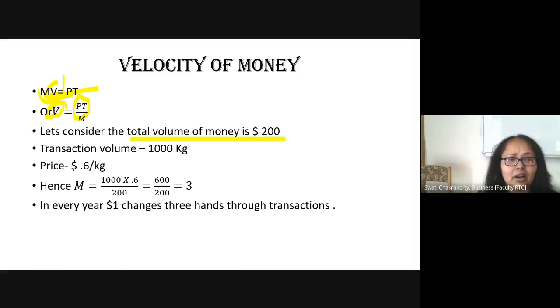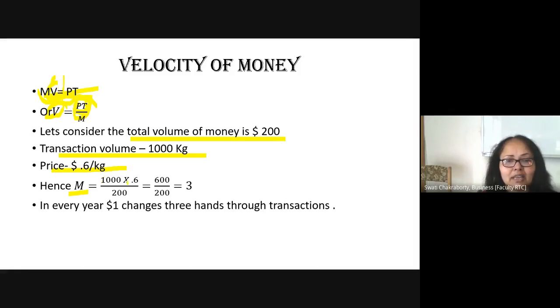And the transaction volume is 1000 kg. So that's T. Price is 0.6 dollars per kg. That's P, right? So you have to find out V, which we know is PT by M. You just bring it down.